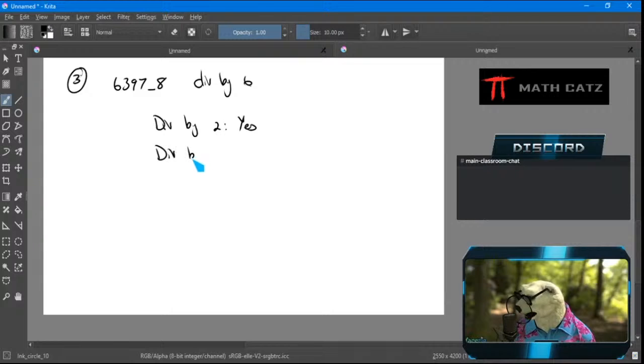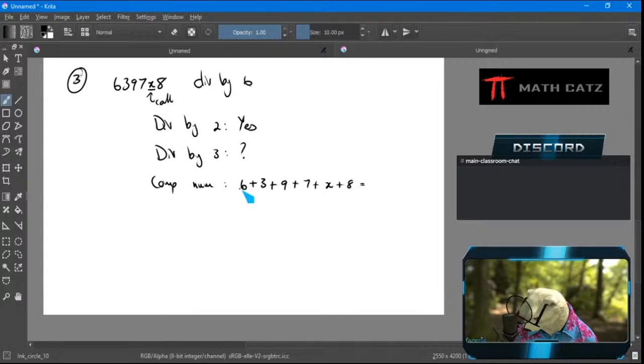So my only real question to answer is: is the number divisible by 3? For that, I'm going to call the digit x, and my comparison number is going to be the sum of the digits. It is a 9 and a 7 and an x and an 8.